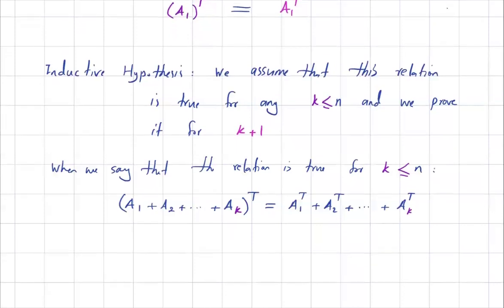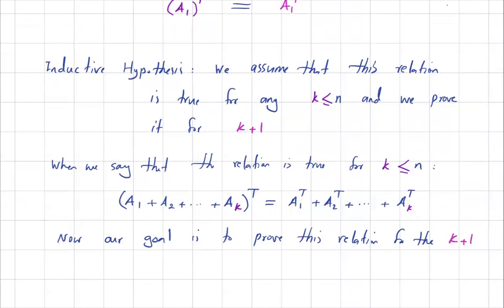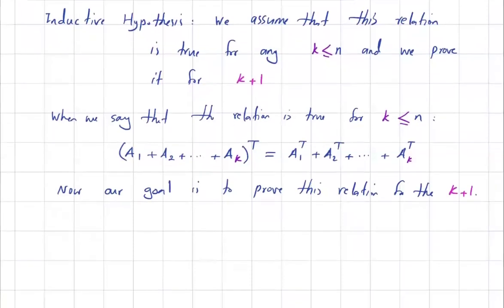Now we prove this relation. Our goal is to prove this relation for the case that you have k plus 1 matrices. Okay, let us begin. On the left-hand side, what do we have? We have parentheses.